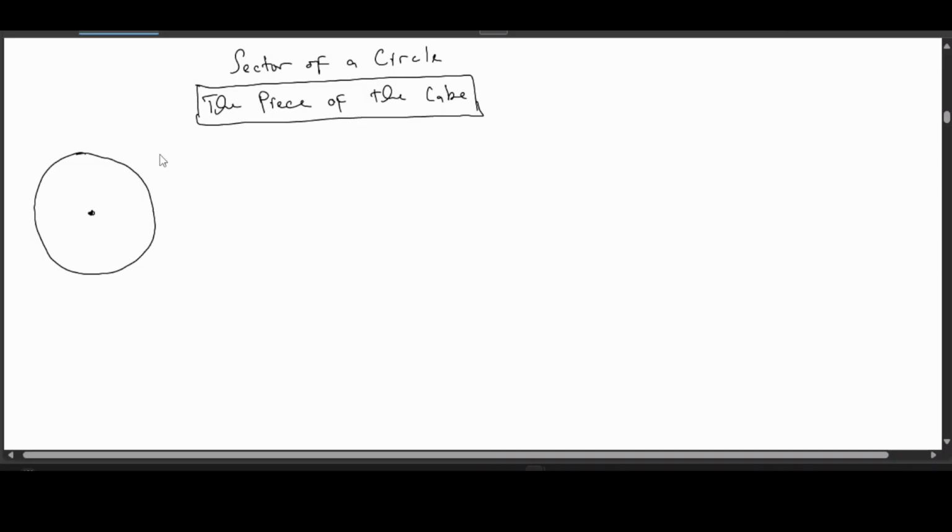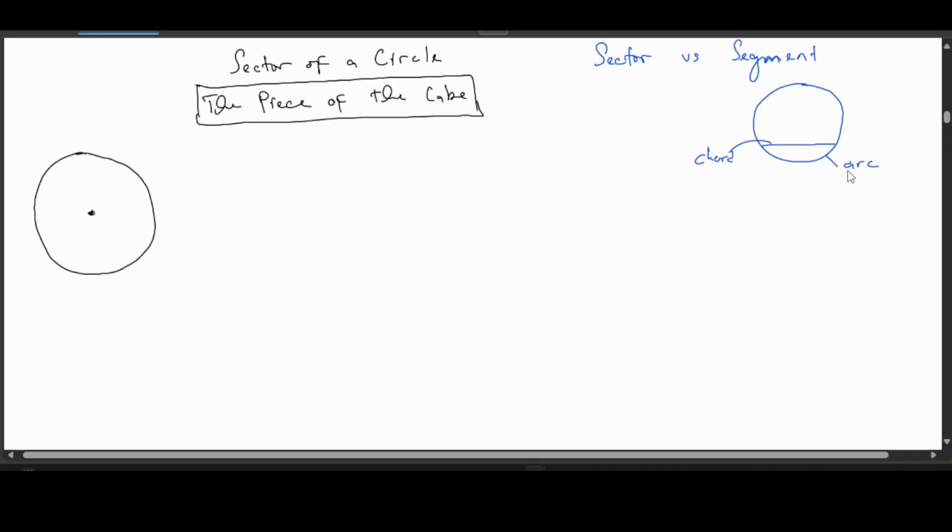But before we go there, let me discuss something. There's a common confusion which I want to address, which is sector versus segment. The segment of a circle is formed by a chord together with an arc. So we have this piece which is the chord, and then this boundary which is the arc.